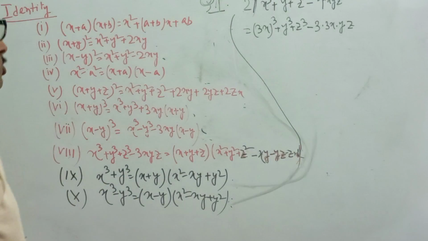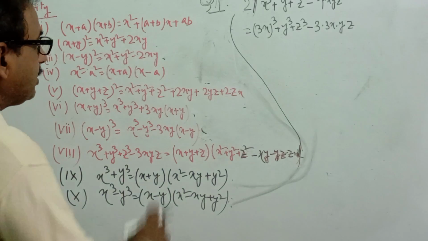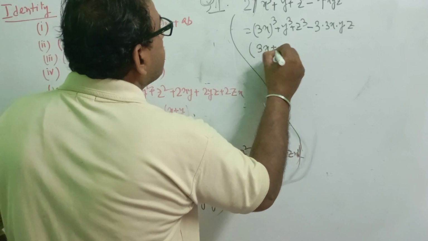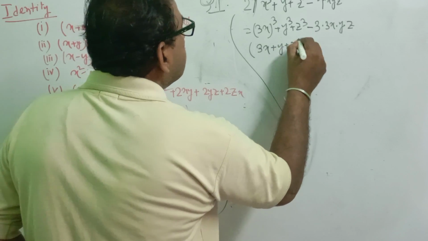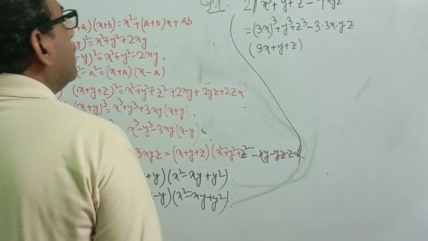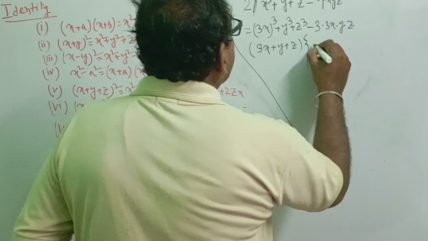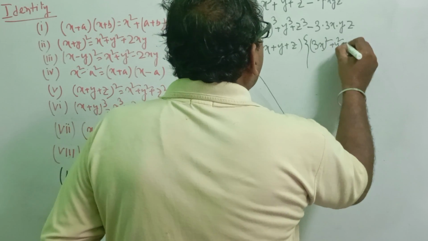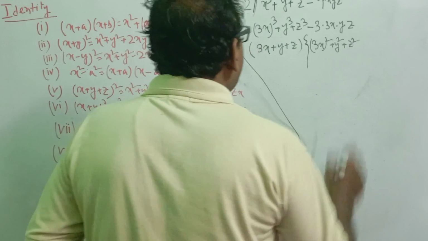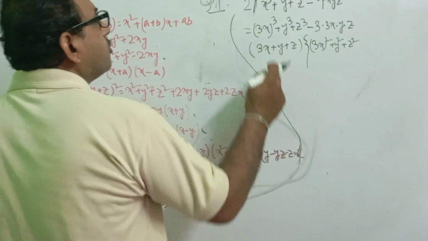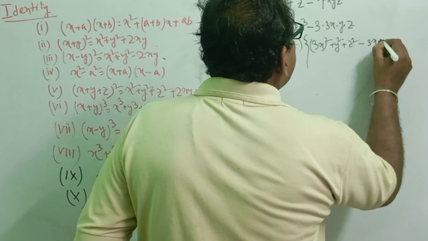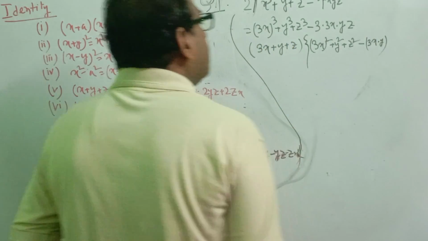Now this form will come, that is x plus y plus z, where x is 3x, y is y, and this is z. Then comes x square, that means 3x whole square plus y square plus z square. Then the formula has xy, that is minus 3x into y.